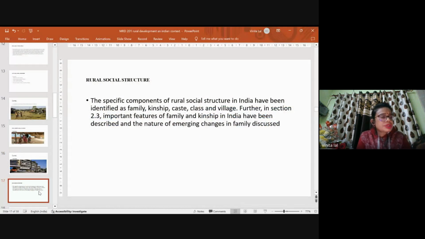Now, the rural social structure. Rural social structure components in India have been identified as family, kinship, caste, class, and marriage, and it is a very important feature of family and kinship in India. Now come to the next slide.